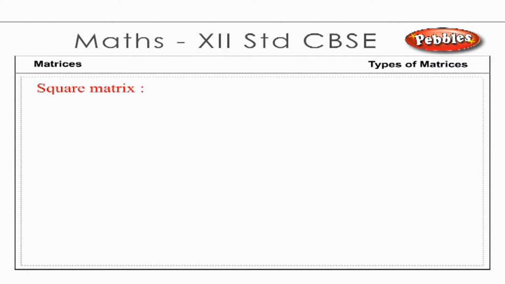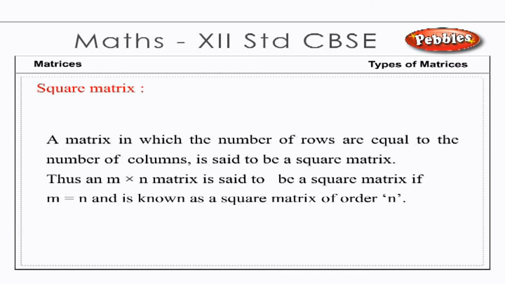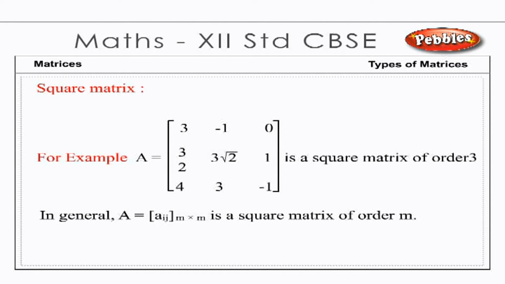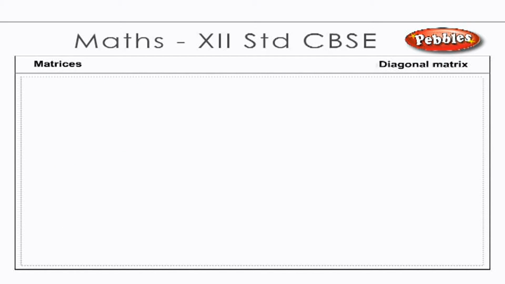Square matrix. A matrix in which the number of rows is equal to the number of columns is said to be a square matrix. Thus, an m × n matrix is said to be a square matrix if m = n and is known as a square matrix of order n. Diagonal matrix.